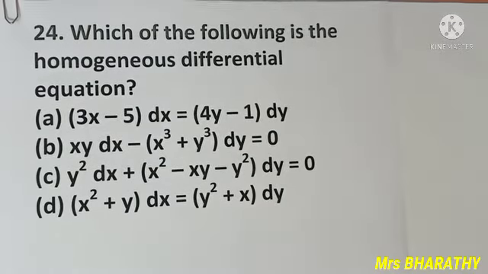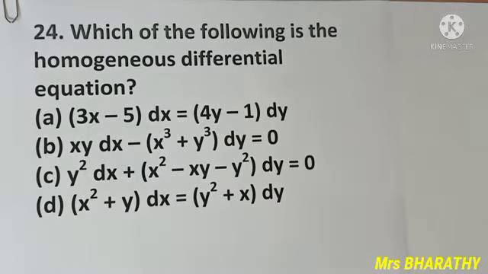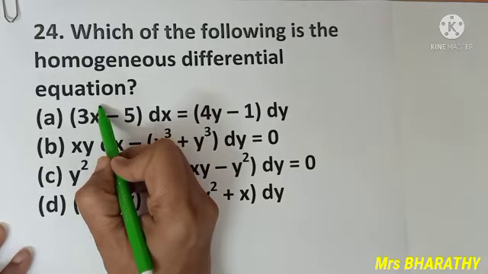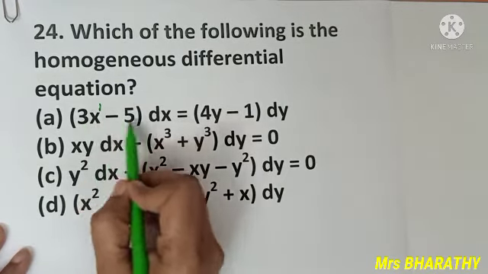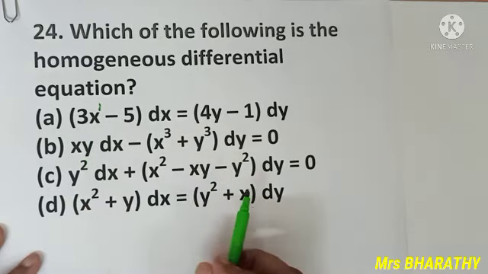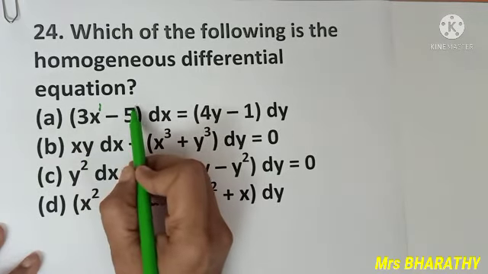Question number 24. Which of the following is the homogeneous differential equation? To check, every term should be of same degree. 3x degree 1, 5 has no degree. Obviously, this is not homogeneous. Here the degree 1, here the degree 0.